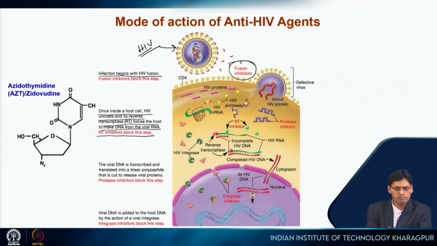One of the most important anti-HIV agents is azidothymidine, or AZT. As you can see, this is a nucleoside analog, okay? Some sugar is there, and a thymidine group is also there.